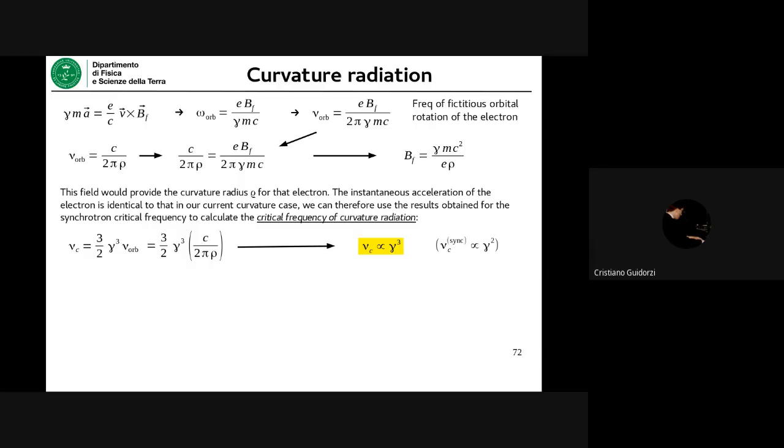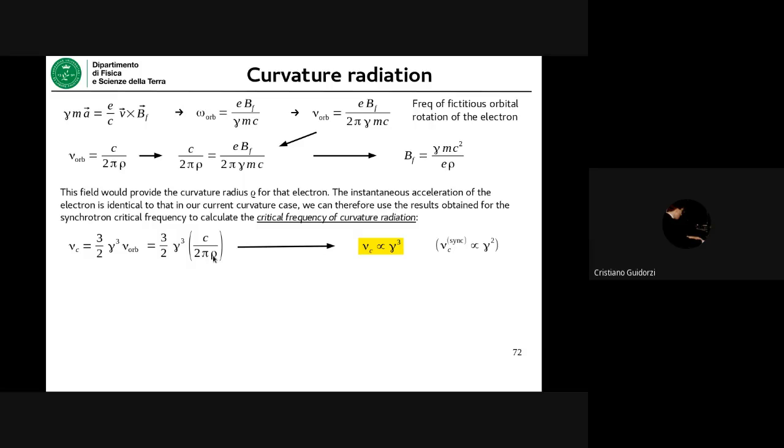And if you are somehow puzzled by this, look at this formula here. In the case of synchrotron radiation, the curvature is due to the Lorentz factor, and the Lorentz factor also determines not only the gyration frequency, but also the curvature radius.